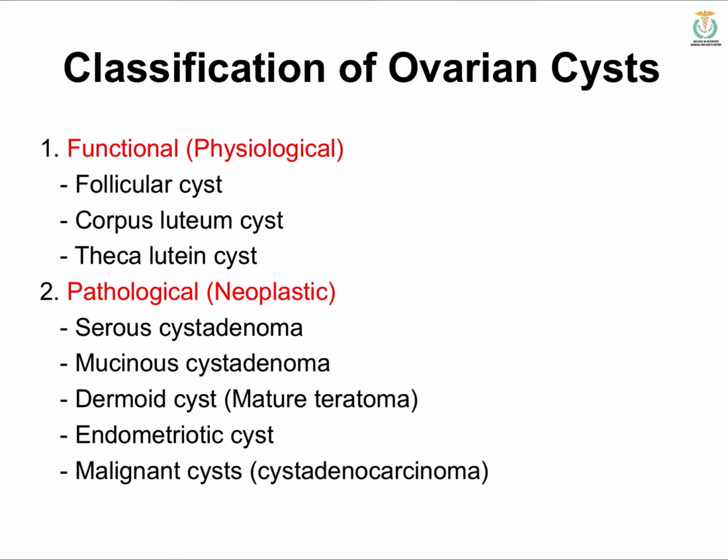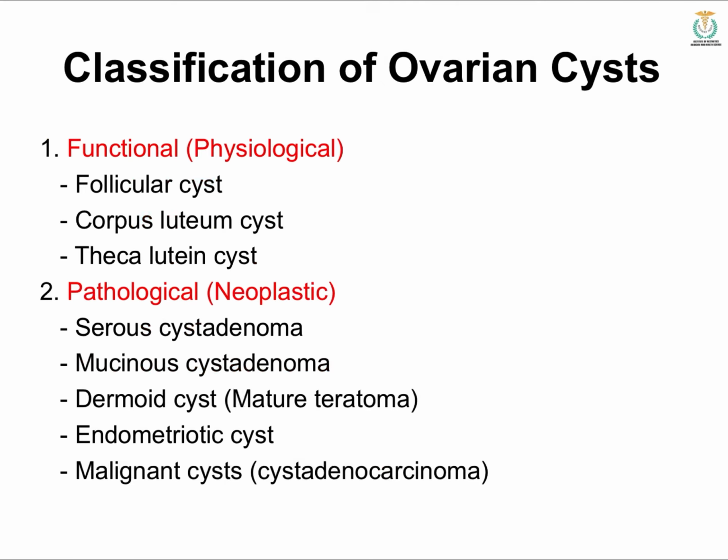Moving on to the classification of ovarian cyst. We often classify ovarian cysts broadly into two groups: functional, that is physiological, and neoplastic, or pathological. Functional cysts are hormonally driven and often self-limiting. They include follicular cyst, corpus luteum cyst, and theca lutein cyst.